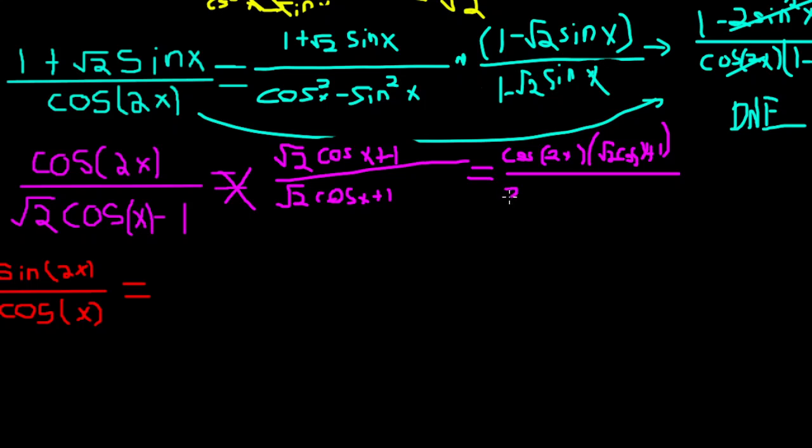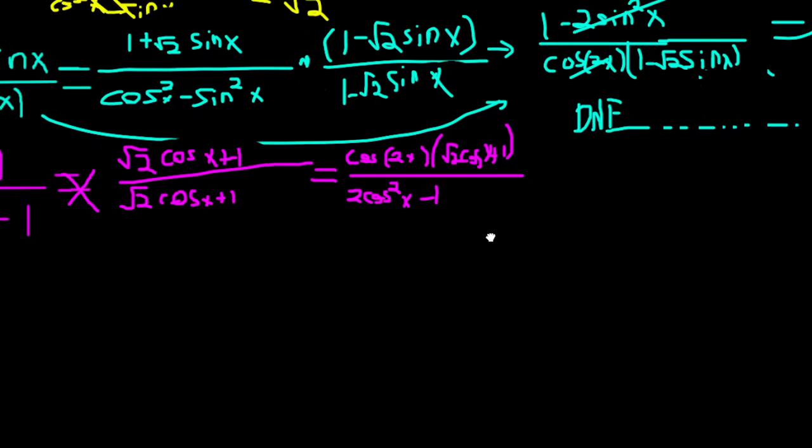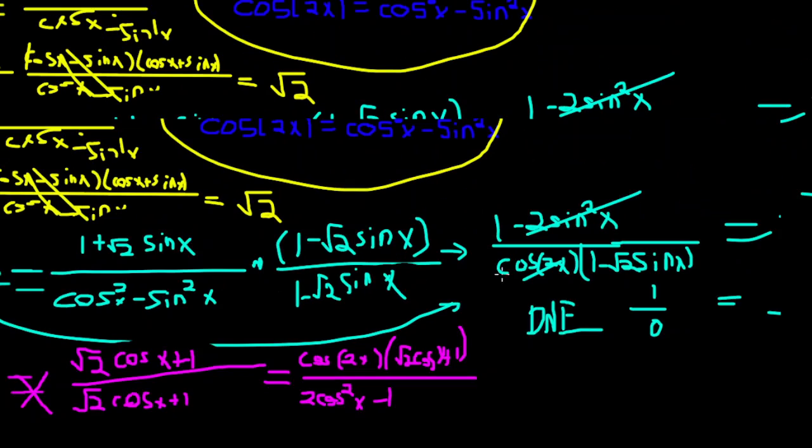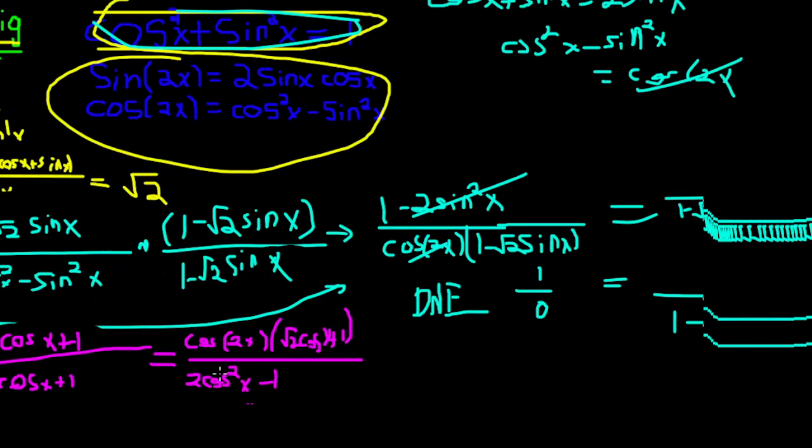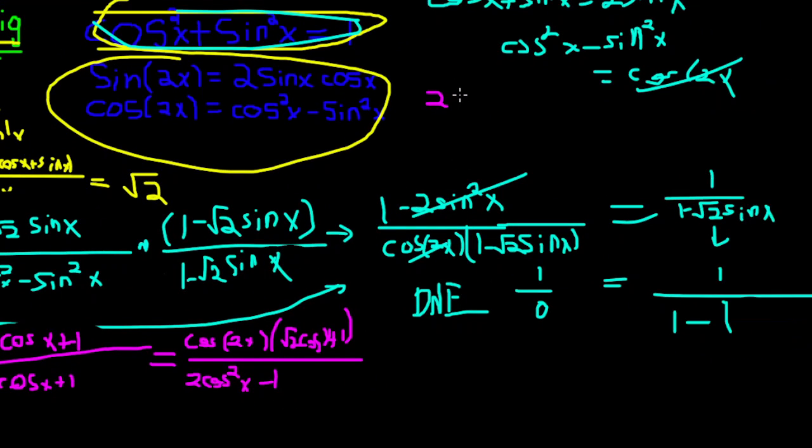So we have 2 times cosine squared of x minus 1. And like what I did just up here, we're going to rewrite it. So see what happens. 2 cosine squared x. And then we're going to subtract 1. So we're going to subtract off that.